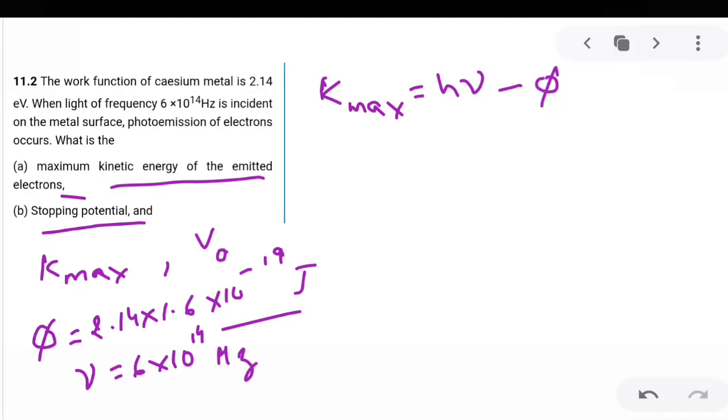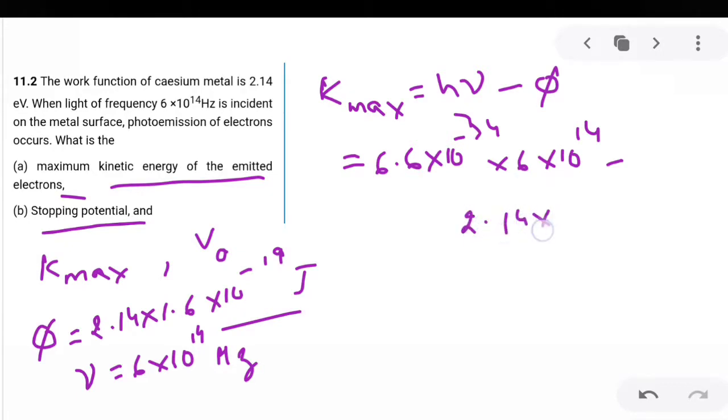This is equal to h, 6.6 into 10 power minus 34, times the frequency 6 into 10 power 14, minus 2.14 into 1.6 into 10 power minus 19. This last quantity is the work function. This is K max.